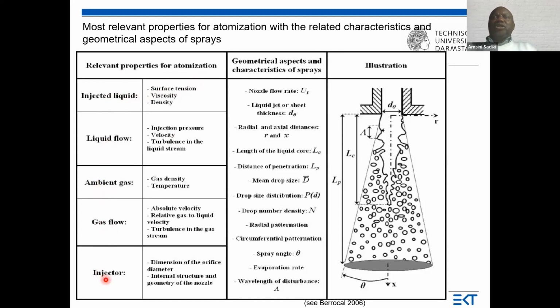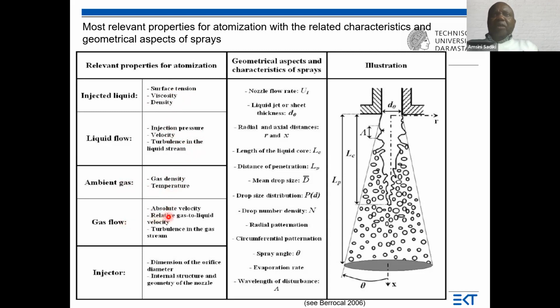In which way? So the injected liquid, we have the surface tension. I will show you now in a few minutes the effect of surface tension, the viscosity and the density, where we will introduce the Weber number. So we have the injection pressure, the velocity, and turbulence in the liquid stream. So these also will be shown. The ambient gas, the gas density and the temperature naturally.